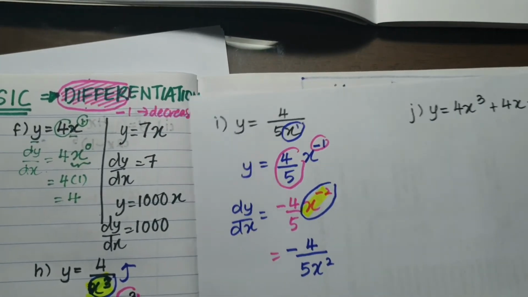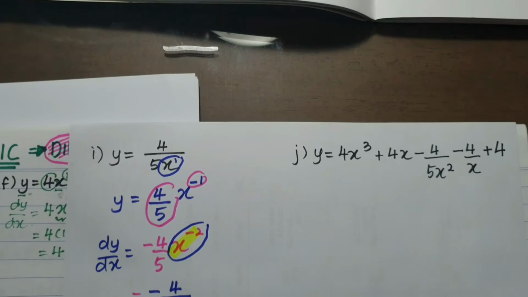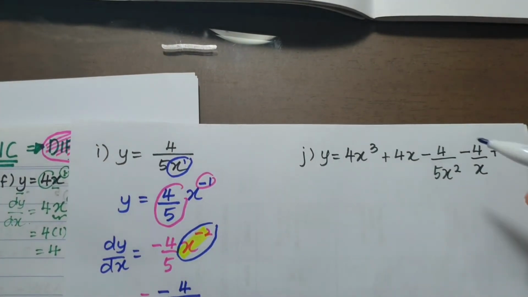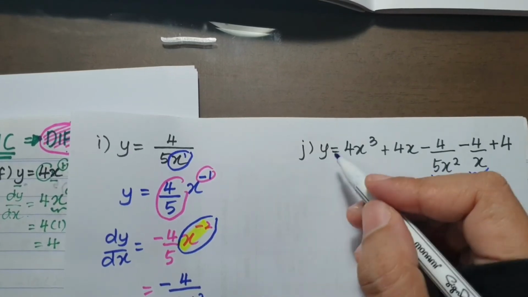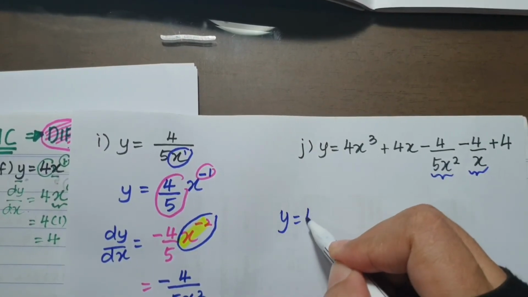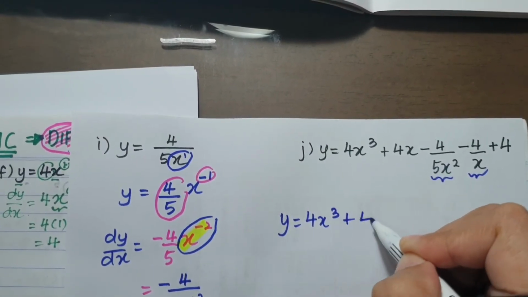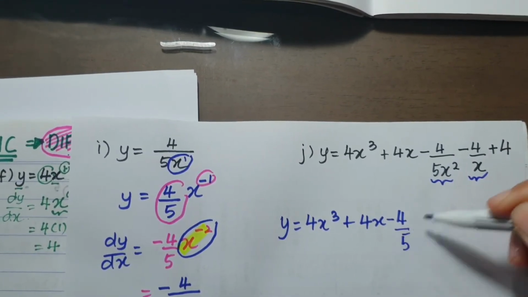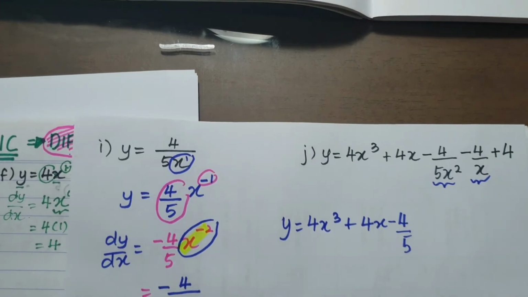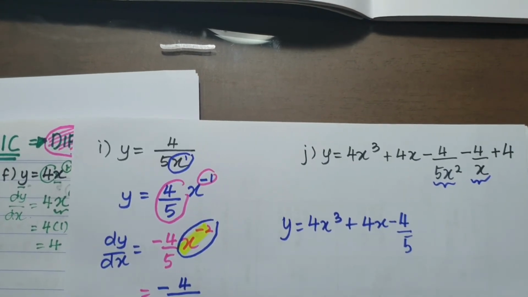Involve plus and minus operation, polynomial. Okay, so the same. You can see you have fractional function here. Convert to negative form first before you start. Okay, I copy plus 4x. This one, negative 4 over 5 x squared, ni semua kena bawa naik.